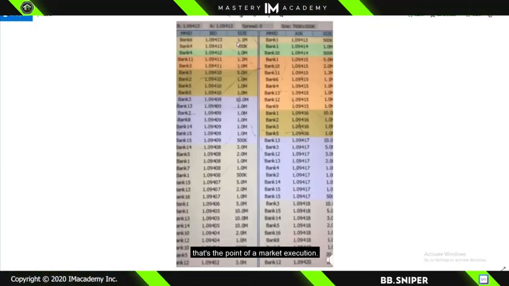That's the point of a market execution. But the thing is that large players are having to approach the market in different ways, that they've got to shop for their orders differently.